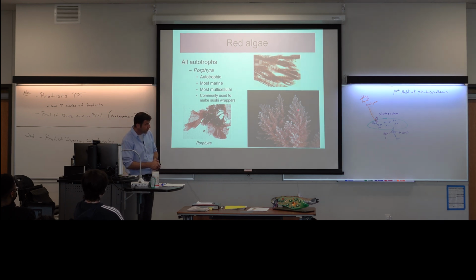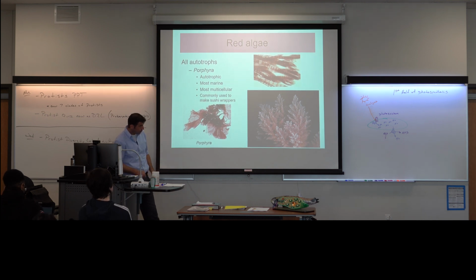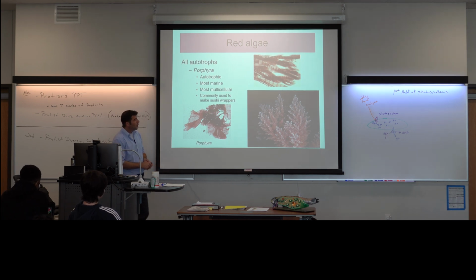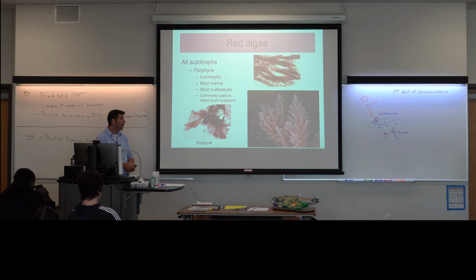Clearly those cells are starting to differentiate, some are functioning like leaves, others are functioning like a stem to hold those leaves up. And we can't see it on the picture, but still other cells are going to be functioning as an anchoring structure. And obviously we see multiple cells there. So red algae, we'll have slides of this on Wednesday.